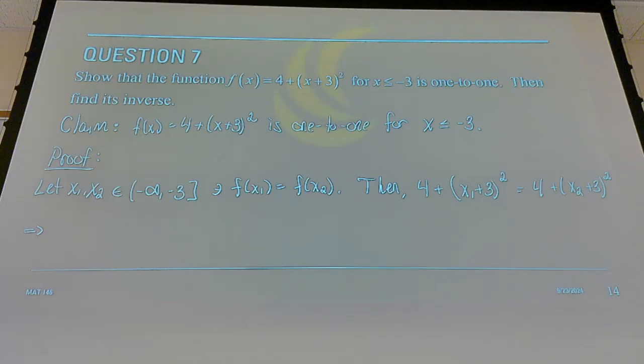What would we do first? Remember what we're trying to show. We're trying to get to x1 and x2 being the same. So what should we do?